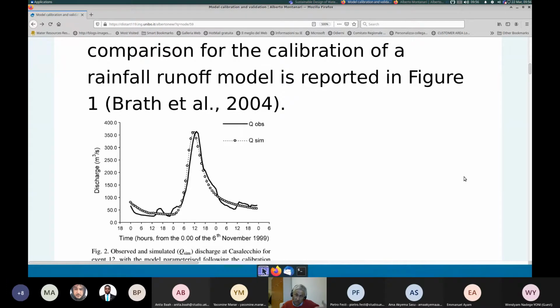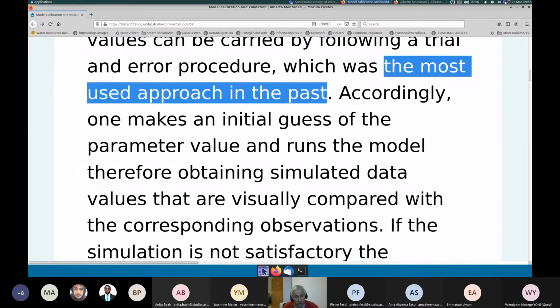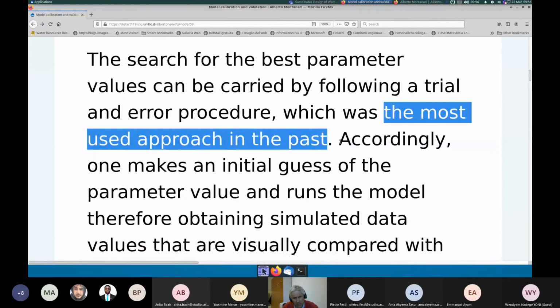This is experience that you gain by trying different models in different catchments. I will give you some rules of thumb that allow you to decide. But the main story is that if you want to use trial and error, you need some criteria for saying that you are happy. And visual comparison may be one. This is what is applied many times.